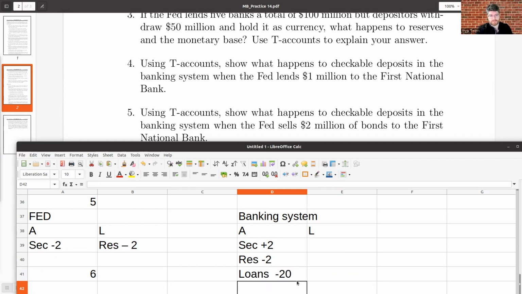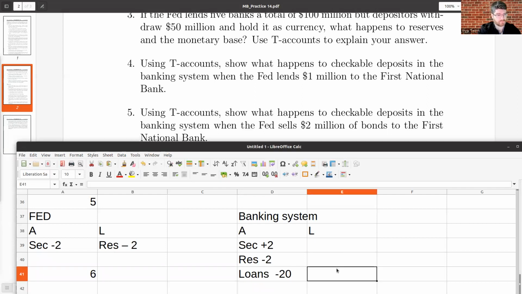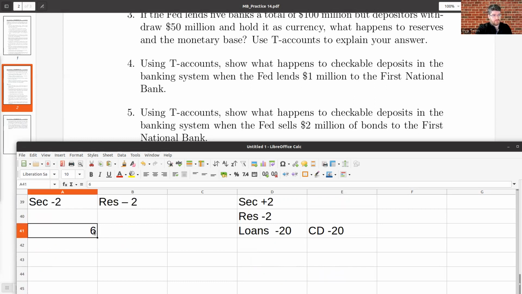Loans will be -20, and they will be equalized with the checkable deposits, which are -20. So the whole money supply will be less by 20 if everything goes the way the Fed wants. Okay, so number 6.